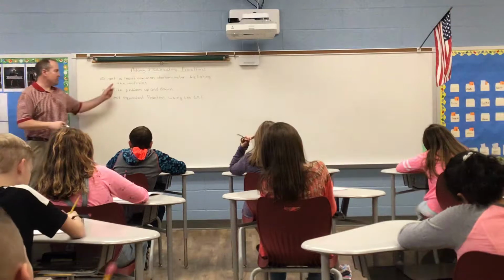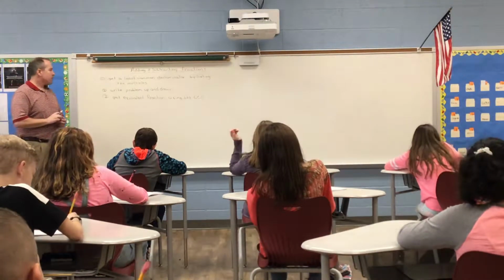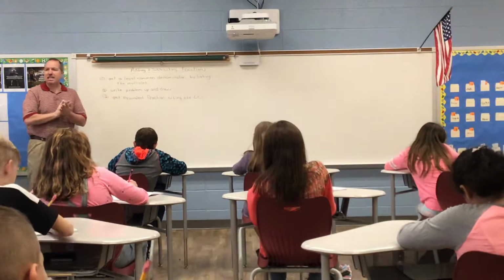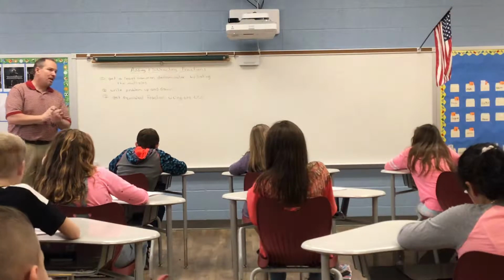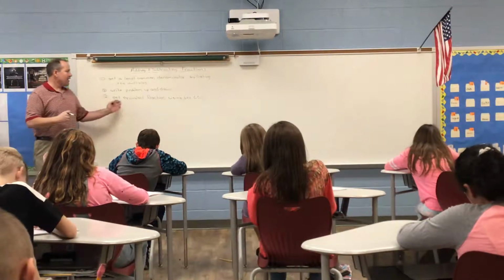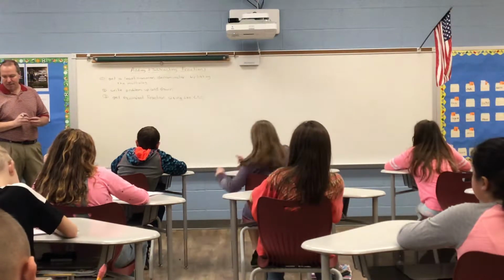LCD is just an abbreviation for least common denominator. So the first thing we do is we find the least common multiple. That least common multiple becomes our least common denominator. Then I want you to write the problem up and down. Next, we're going to get equivalent fractions using that least common denominator.